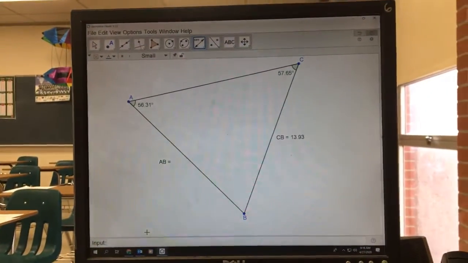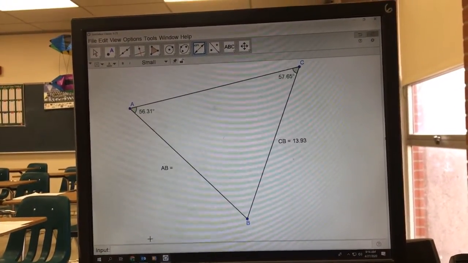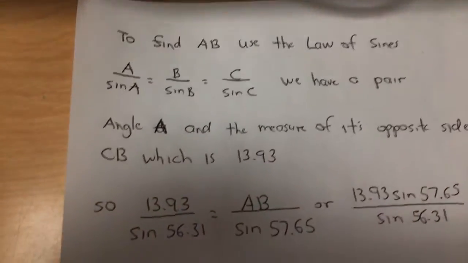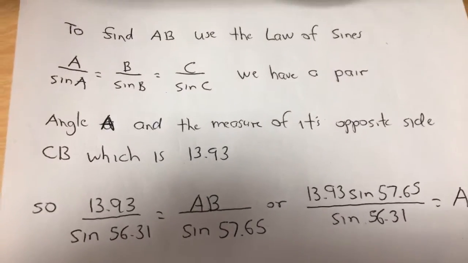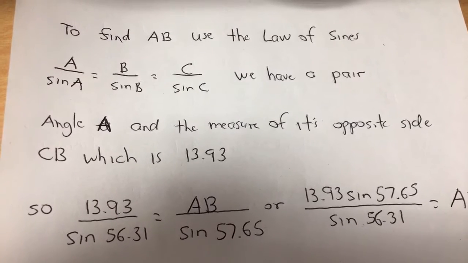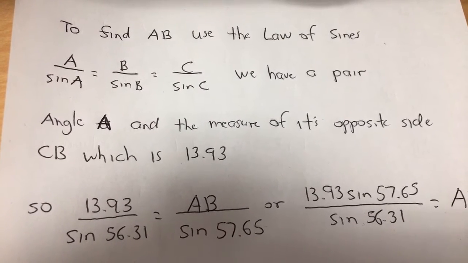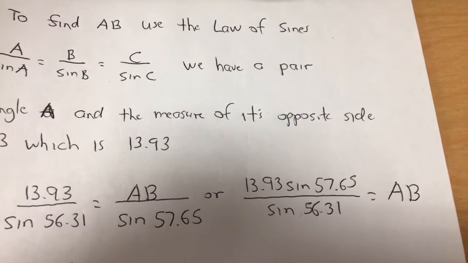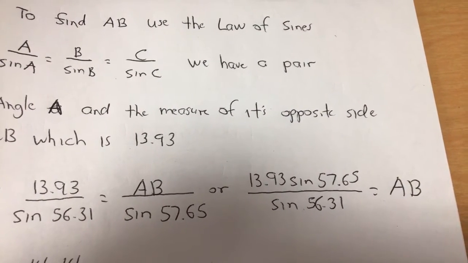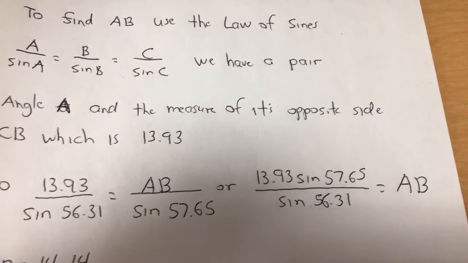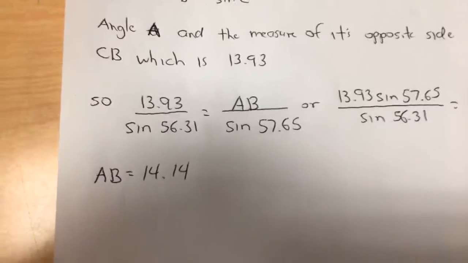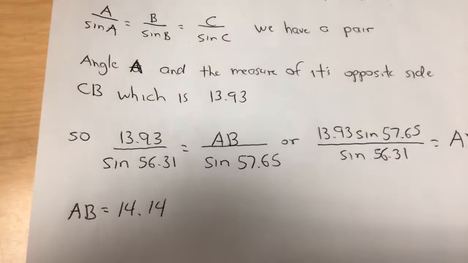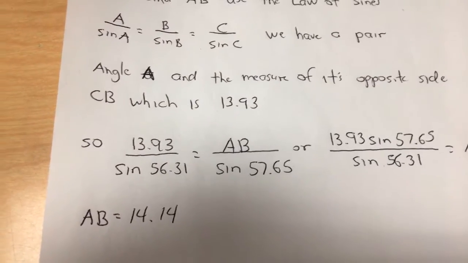So 13.93 over sine 56.31 is equal to AB over sine 57.65. Multiplying both sides of that equation by sine 57.65 will give us the length of AB. You put that into your calculator, and sure enough, AB is 14.14.